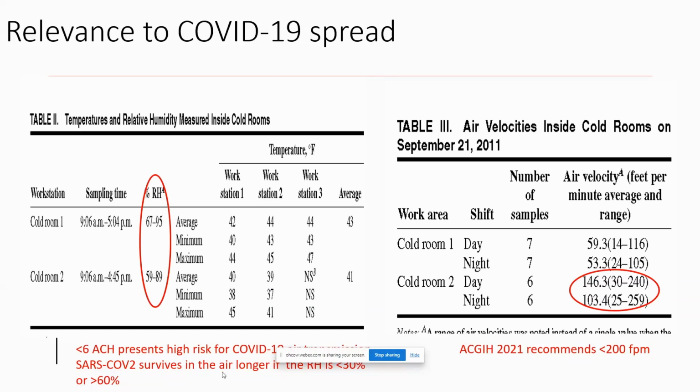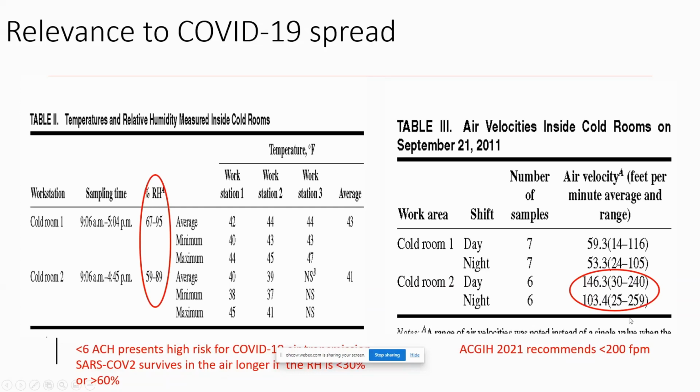And ACGIH has recommendations for air drafts that they should be less than 200 feet per minute. Here they have a higher end of the range above 200 feet per minute.